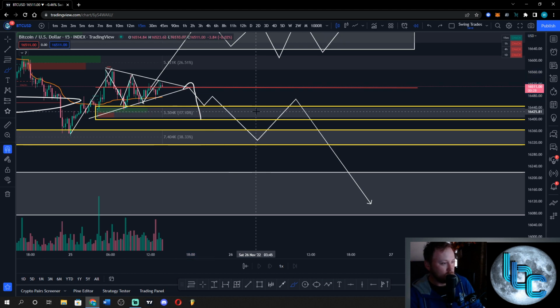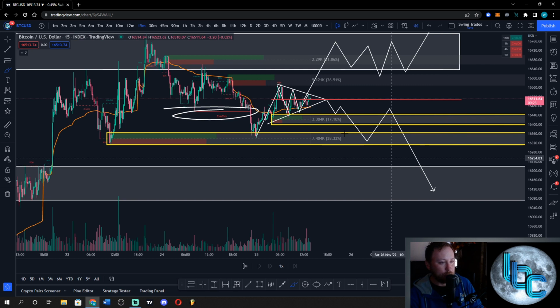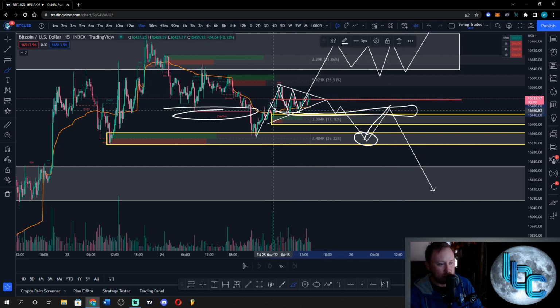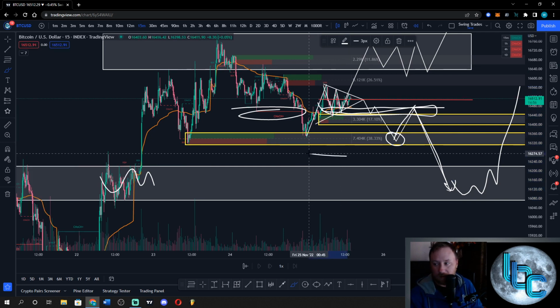But I am right now thinking that we're more likely going to come down. And then we will meet strong support here, have a move up, back up into that consolidation range, the bottom range of it anyway. And then shift back down into this previous consolidation range and consolidate, and then maybe hopefully shift back out to the upside.